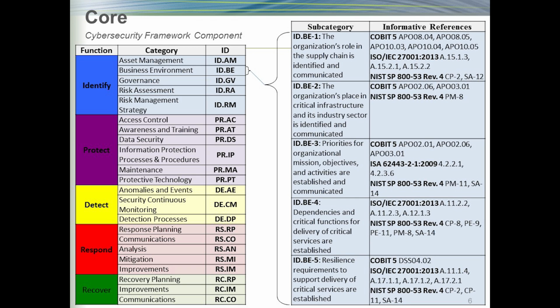The organization's role in the supply chain is identified and communicated. The organization's place in the critical infrastructure and its industry sector is identified and communicated. And then priorities for organizational mission, objectives, and activities are established and communicated. Those are the first 3, so ID.BE-1, -2, and -3. Those are 3 subcategories out of the business environment category. So you get a feel for the level of abstraction of a cybersecurity framework subcategory.